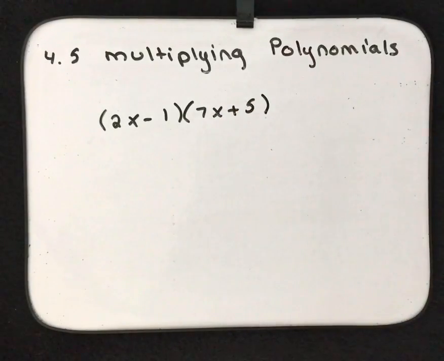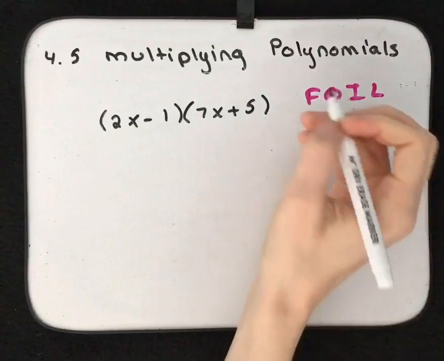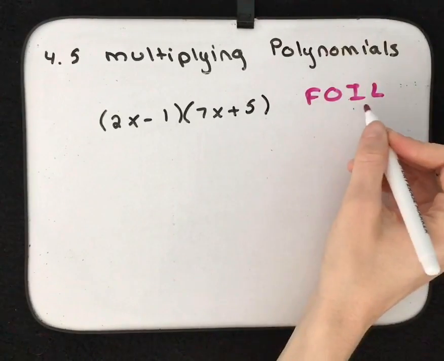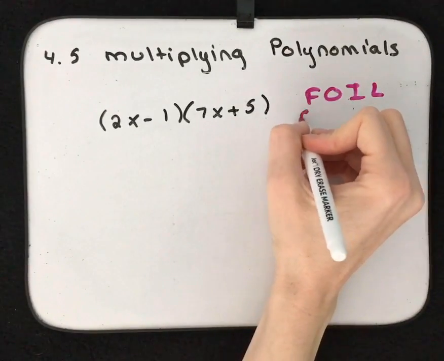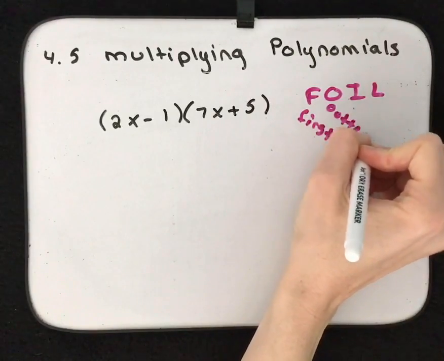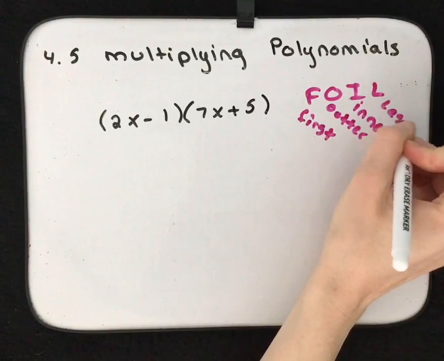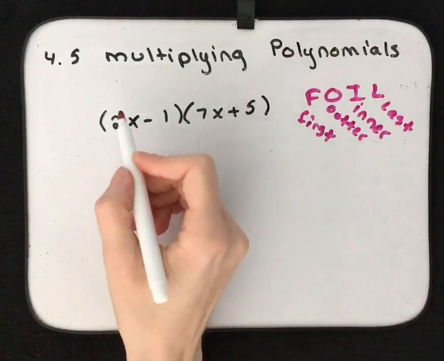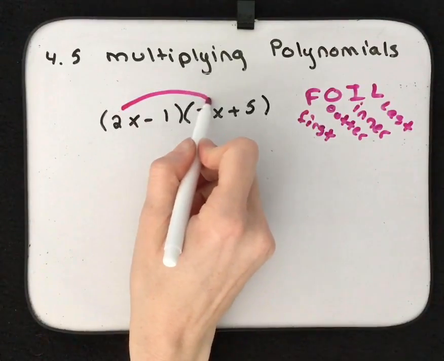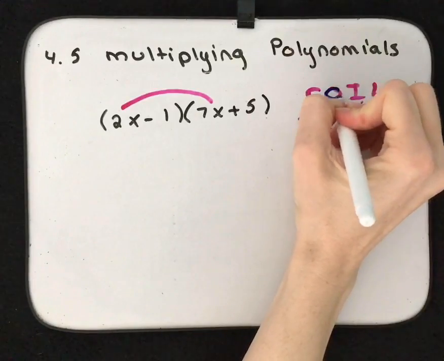So when we look at a binomial, oftentimes you hear of the acronym FOIL. FOIL means first, outer, inner, last. So first means you multiply the first and the first. That's the F. O means the outer.